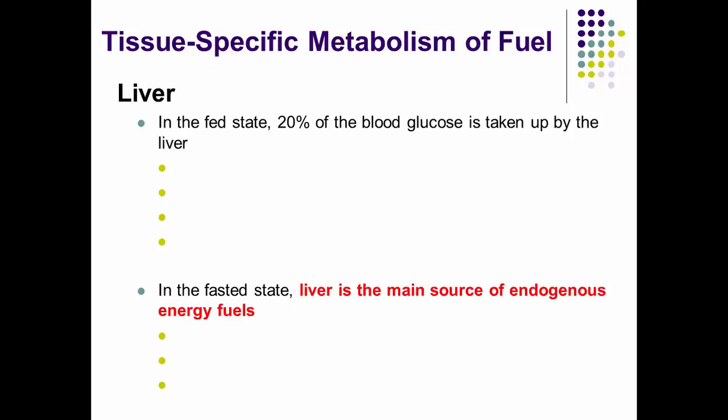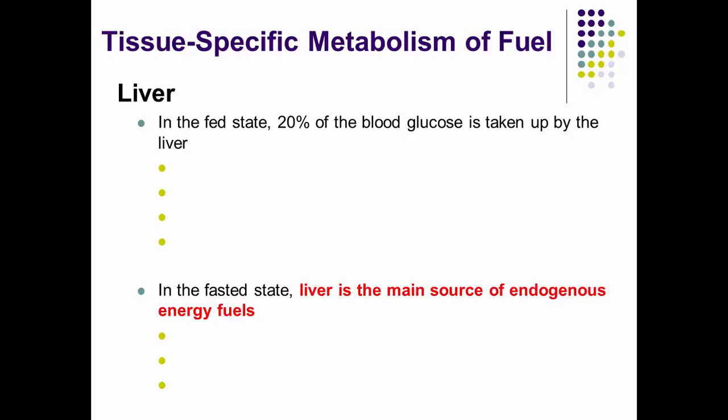All right. Liver. So liver in the fed state, 20% of blood glucose is picked up by the liver, right? And in the fed state, what is the liver going to do with the glucose that is picked up from circulation?